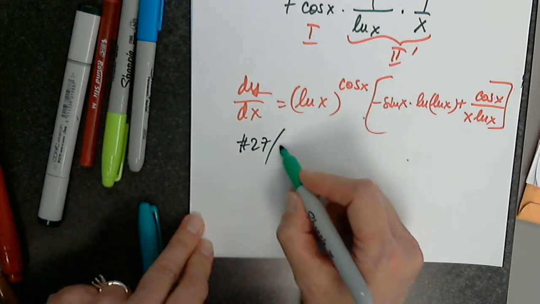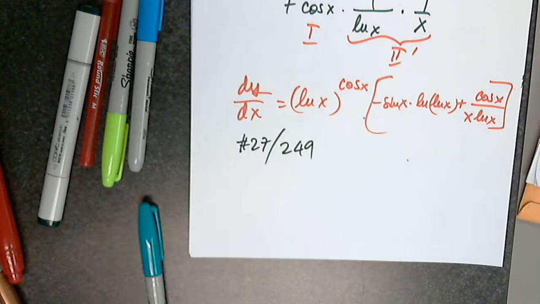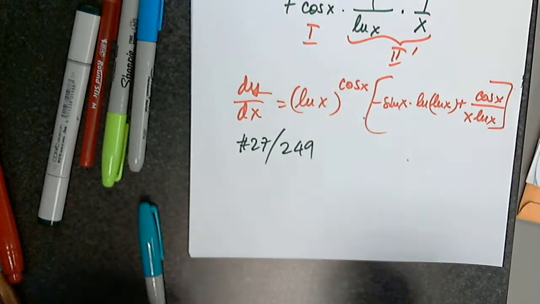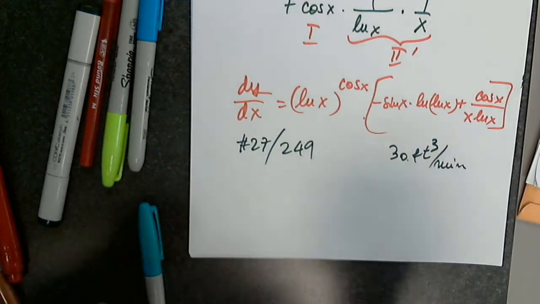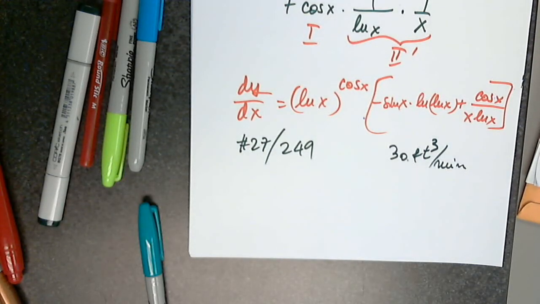So 27 on page 249. Did we do it in class? I don't remember. No, perfect. Gravel is being dumped from a conveyor belt at a rate of 30 cubic feet per minute. What does this mean? Before I move on.